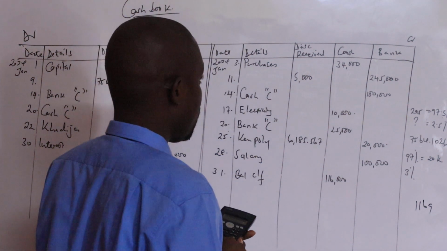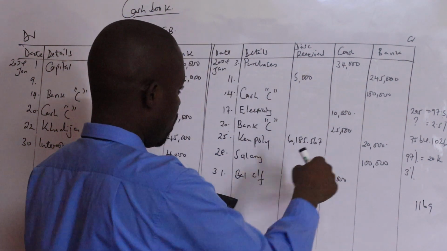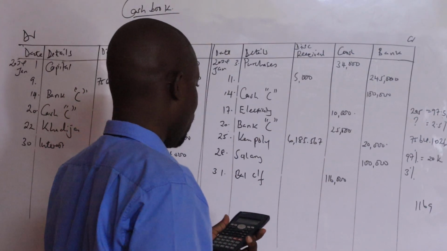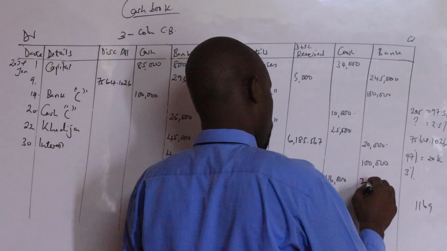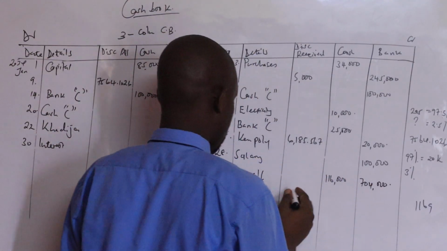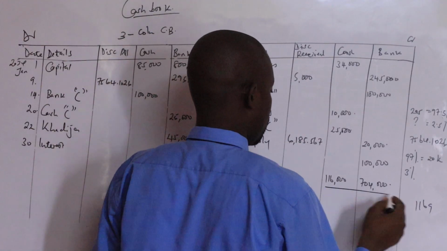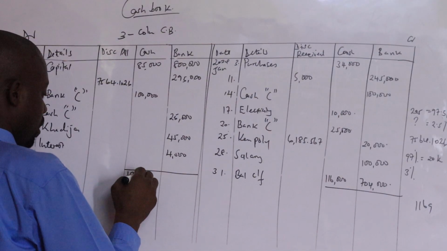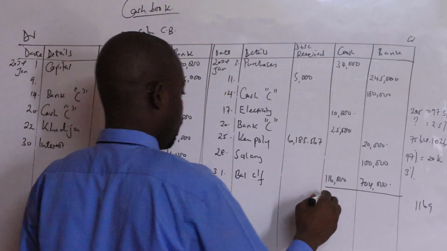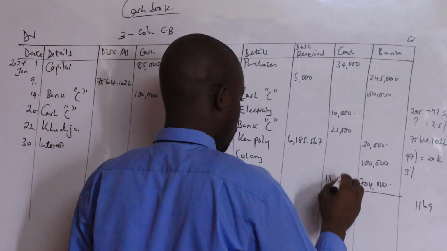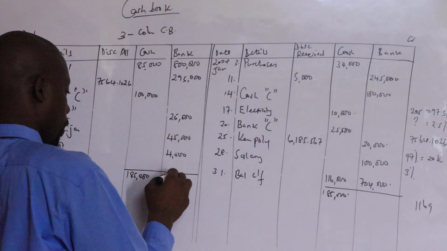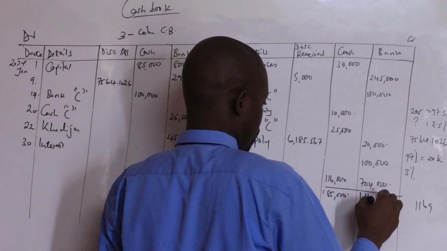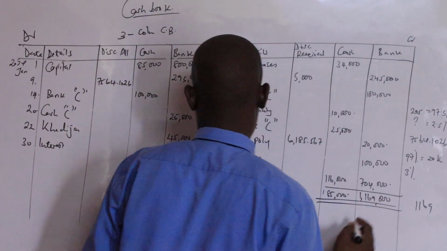We net off the credits. That is 345. Then this one minus 120. That is 704. So I will draw this line here, at the same level. It is 185,000 for cash, 185,000 is here, so it's well balanced. 1169,000, we put them like this.